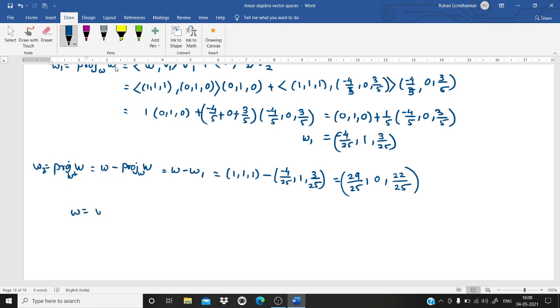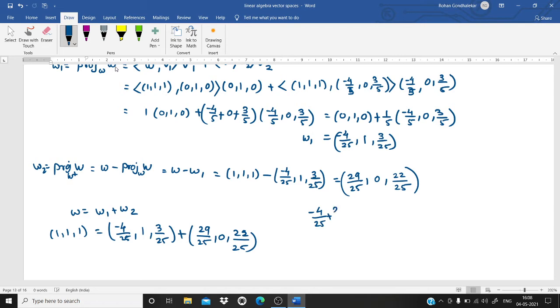So hence what we have done is express W as W1 plus W2. What is W? 1, 1, 1. What is W1? Minus 4 by 25, comma 1, comma 3 by 25, plus W2, 29 by 25, comma 0, comma 22 by 25. Let's check whether the addition of W1 and W2 is 1, 1, 1 or not. The first coordinate: minus 4 by 25 plus 29 by 25 gives me 25 by 25, which is 1.